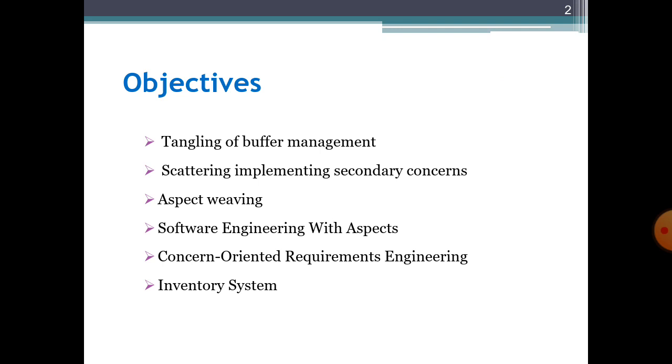Then we will discuss aspect weaving, and then we will see software engineering with aspects, and then concern-oriented requirements engineering, which is very important from an architecture point of view. At the end I will give you a case study of an inventory system, which we actually implement in this aspect-oriented architecture with the help of UML as well. So students, this is a brief objective of today's lecture discussion.